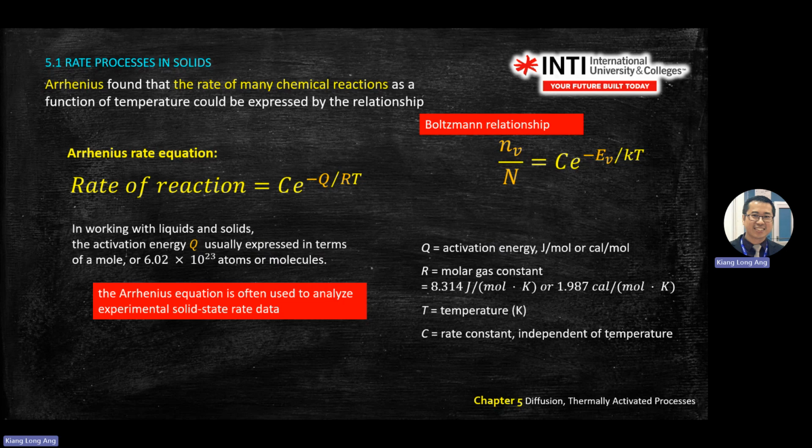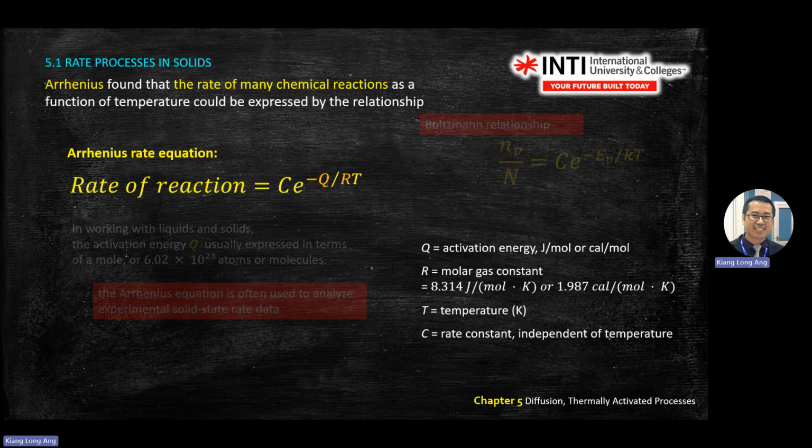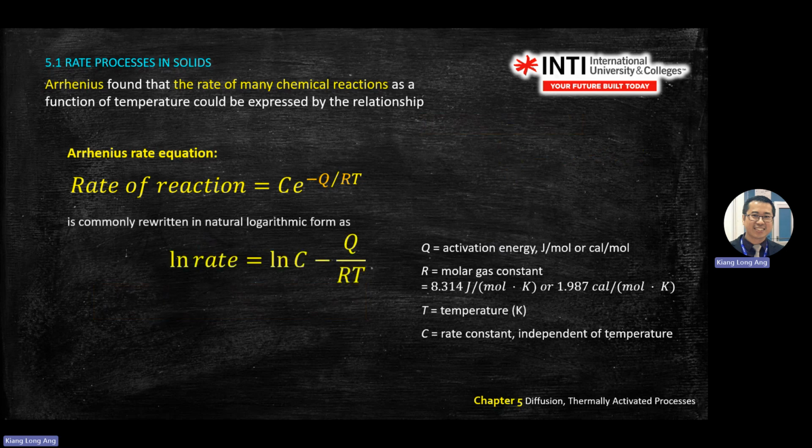This equation is usually for chemistry. So we need to take the log of the equation because you want to remove the e here. Once you log both sides, you can pull the minus Q divided by RT to the front.